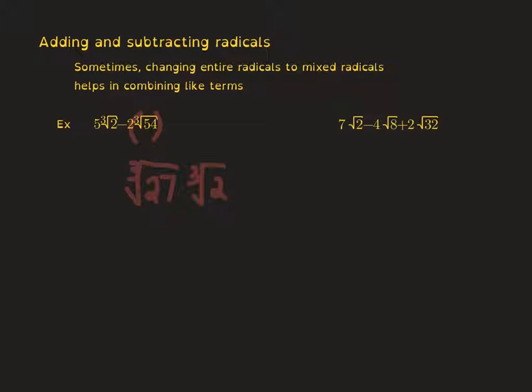So I'm just going to rewrite everything back in here, so we're keeping track of everything. This is 5 cube root of 2 minus 2. And so all I've done is rewritten this piece. That's the cube root of 54, and I've rewritten it as this. And then let's continue down onto the next line where we've evaluated that.